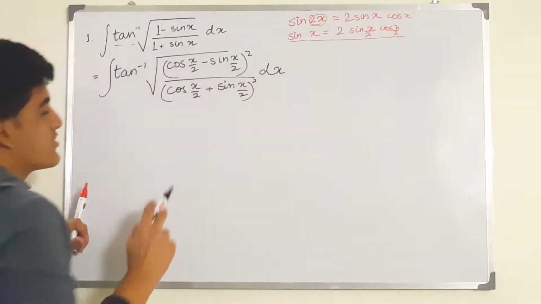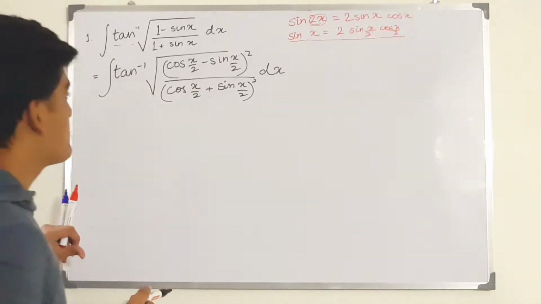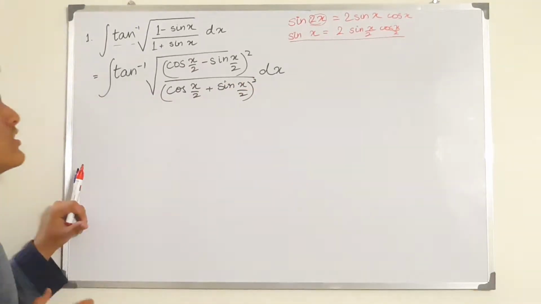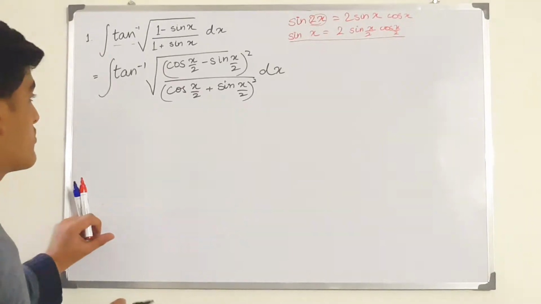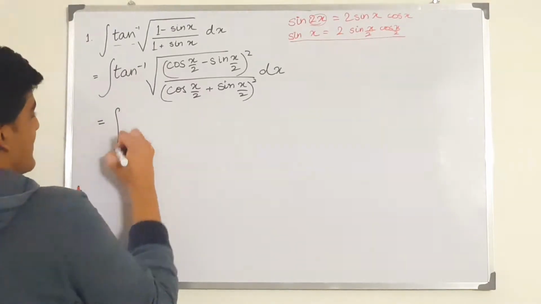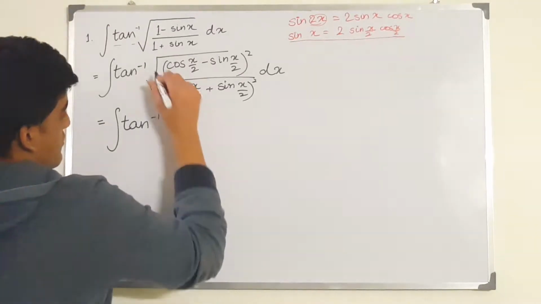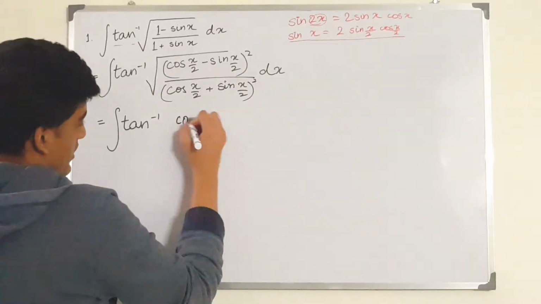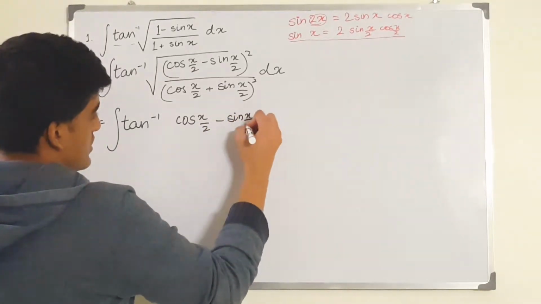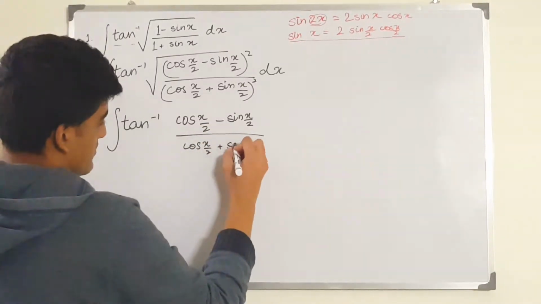Now since there is a square in the numerator and the denominator, and the root is over the entire expression, we can remove the square and the root together. Basic mathematics. So this is what we get: cos x by 2 minus sin x by 2 divided by cos x by 2 plus sin x by 2.